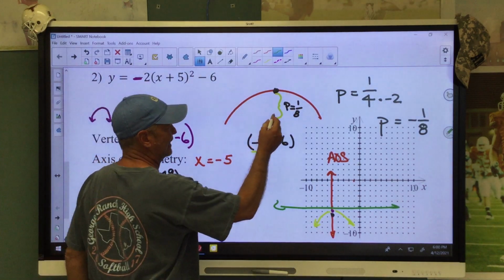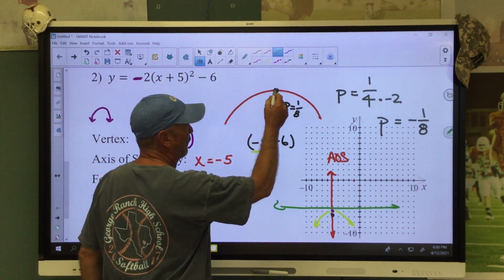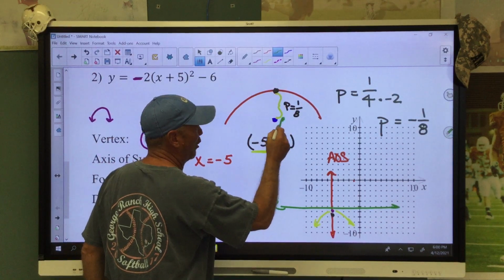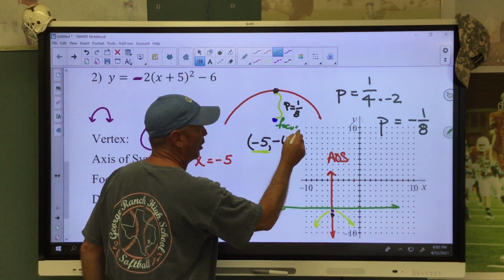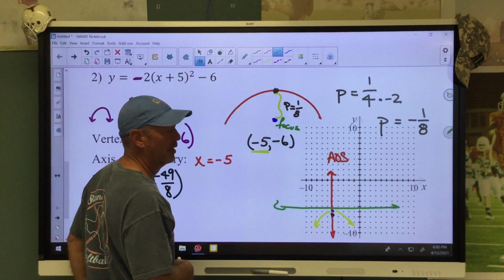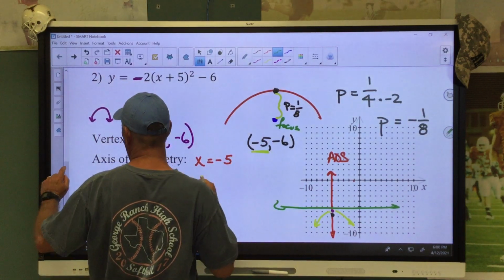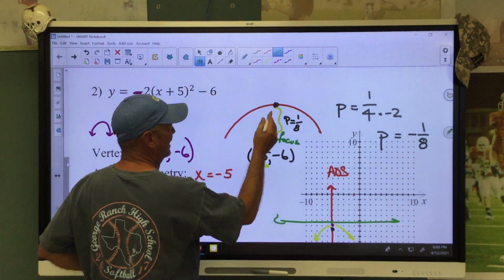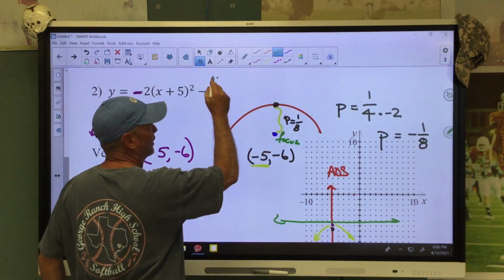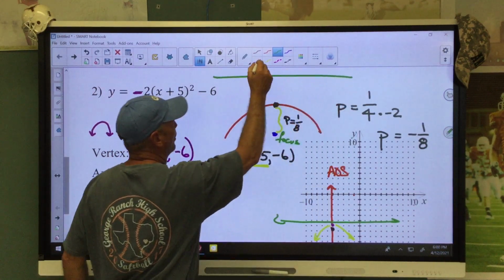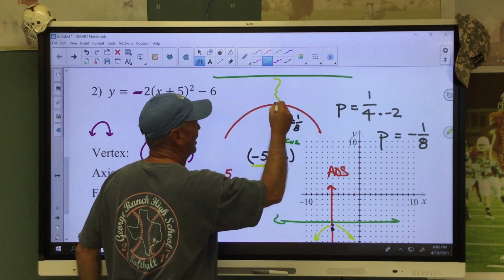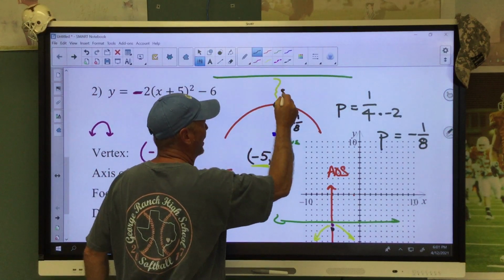Well, it's the same distance. If the distance from the vertex to the focus was 1/8, the distance from my vertex to my directrix is also 1/8.